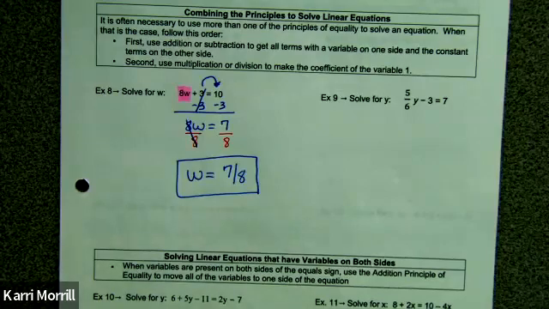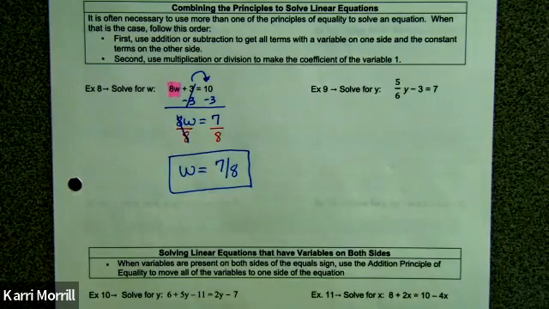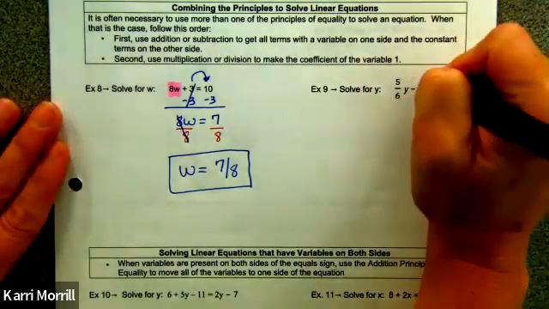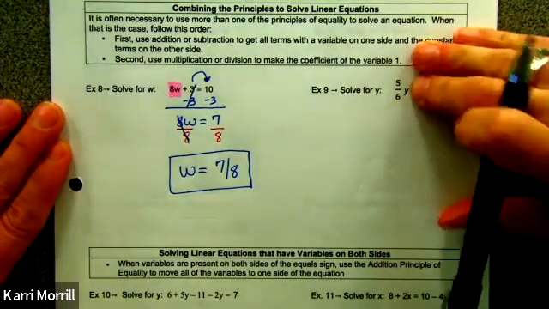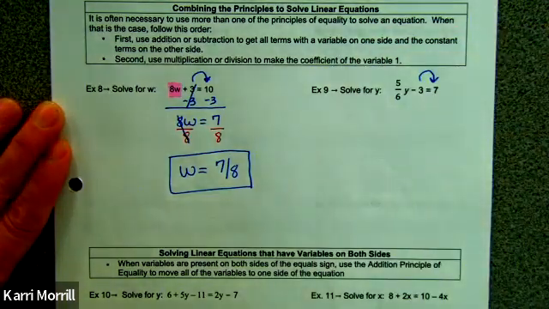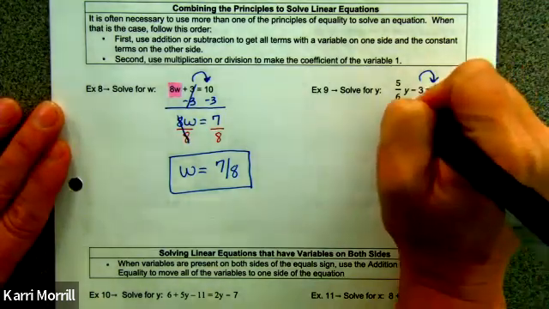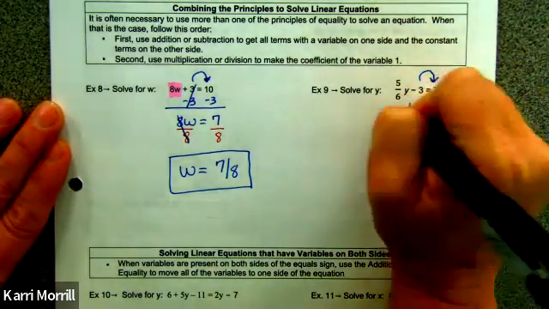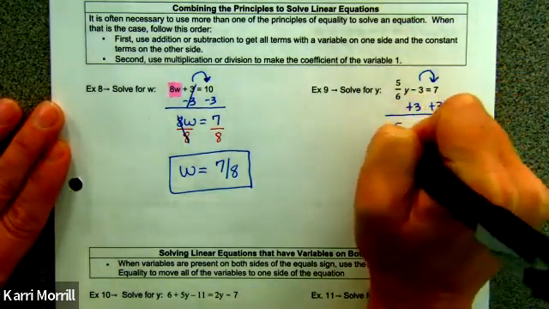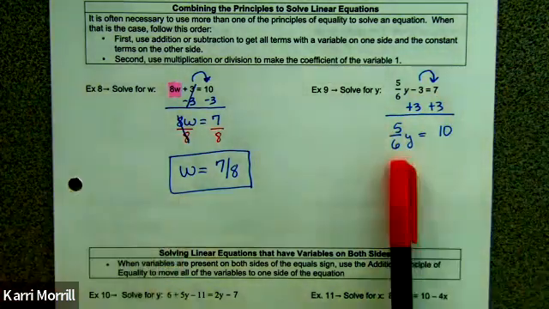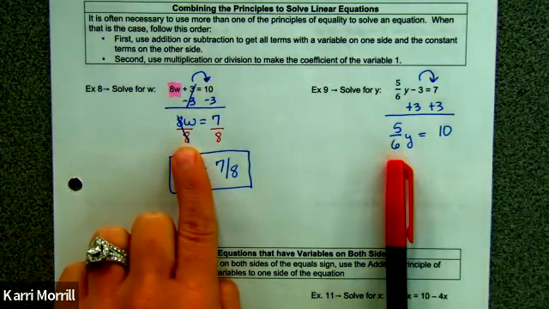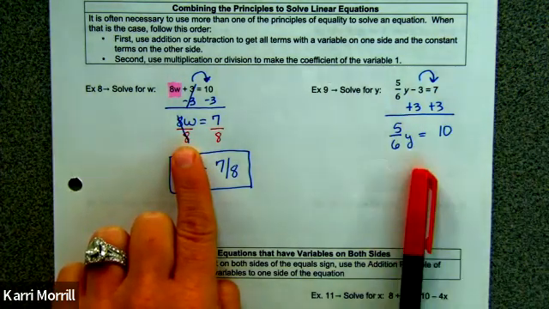Okay, number 9. What do we do first? Right, we want to take this and put it over here because this is the term that has the Y. It has an ugly fraction in front of it. We have 5/6Y equals 10. So remember, this is a little different than that one. In this one, we have a fraction by a letter, not a whole number.